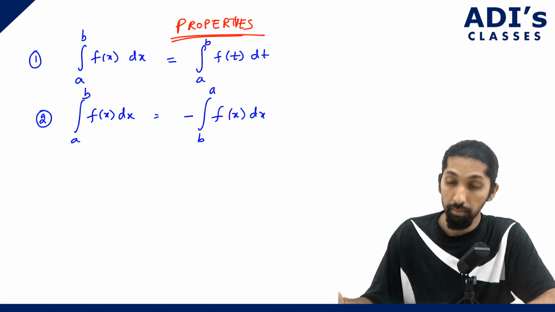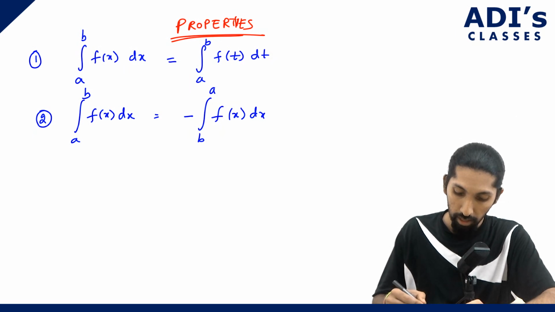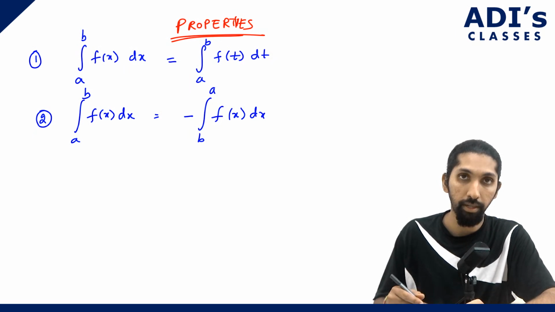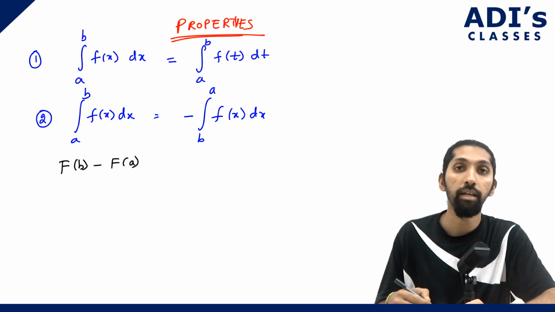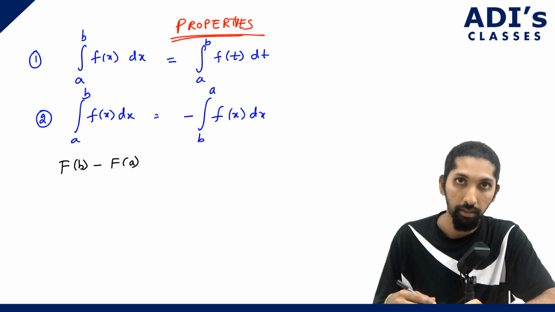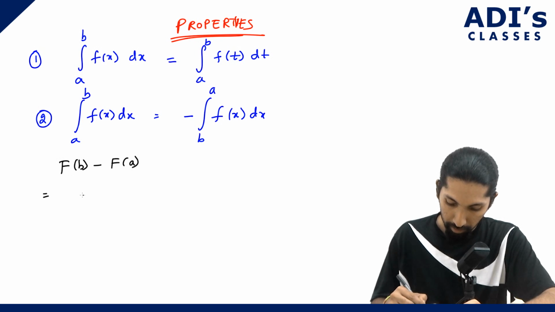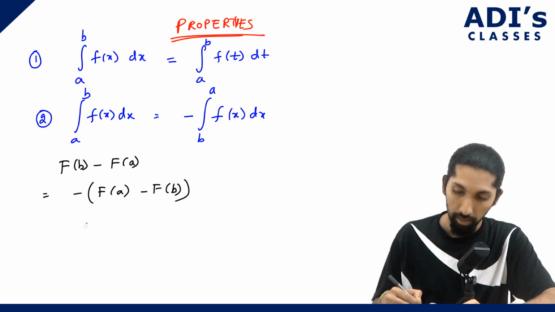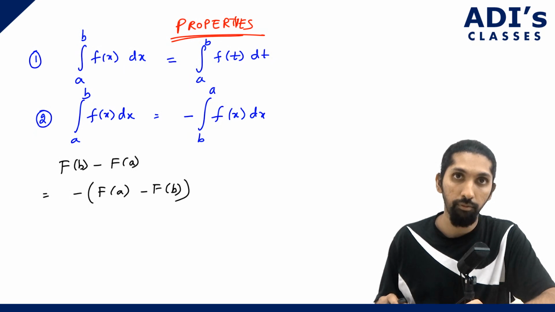Now there is a very simple proof for this one. The LHS is nothing but f of b minus f of a, correct? This is how we defined the integral. So you can also write it as minus of f of a minus f of b.